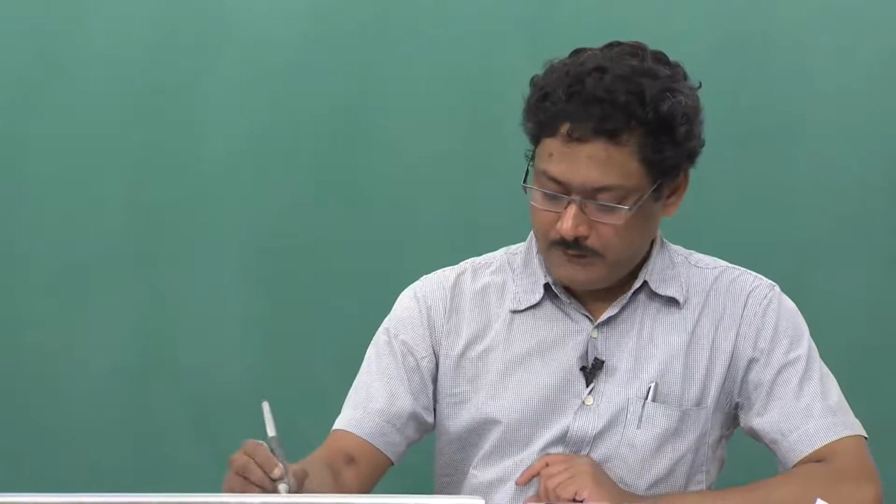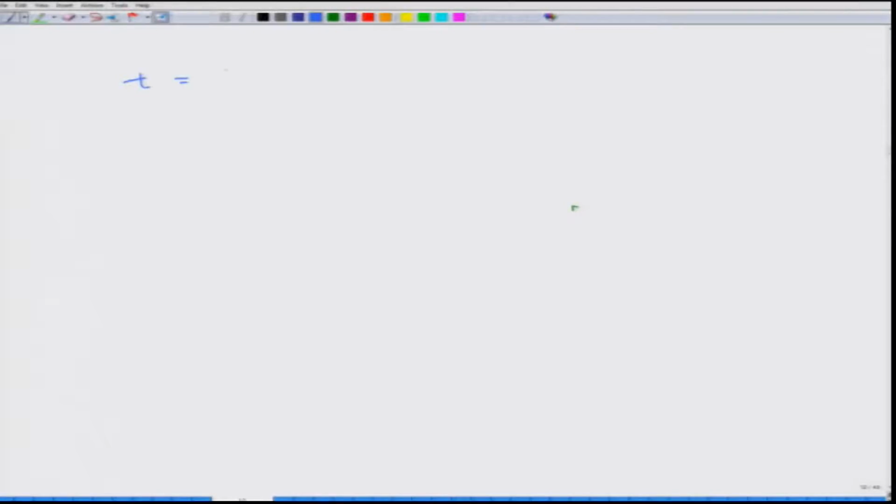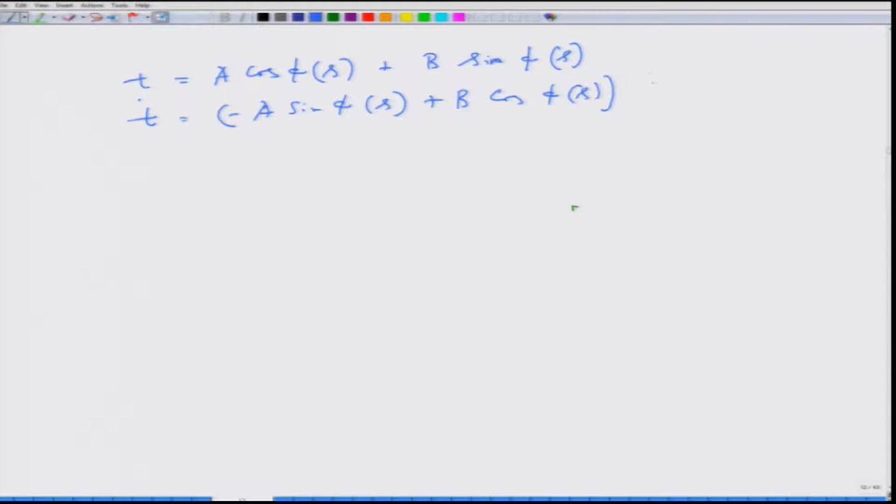So, your T is A cos phi s plus B sin phi s. Now, you calculate T dot, which is minus A sin phi s plus B cos phi s times d phi ds.